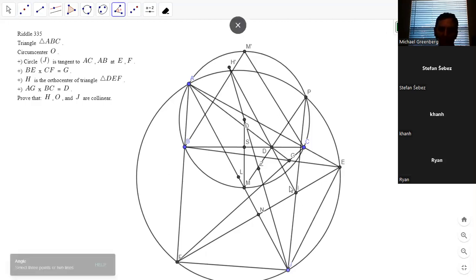So I wonder if this angle here, I wonder if we can say something about this angle.